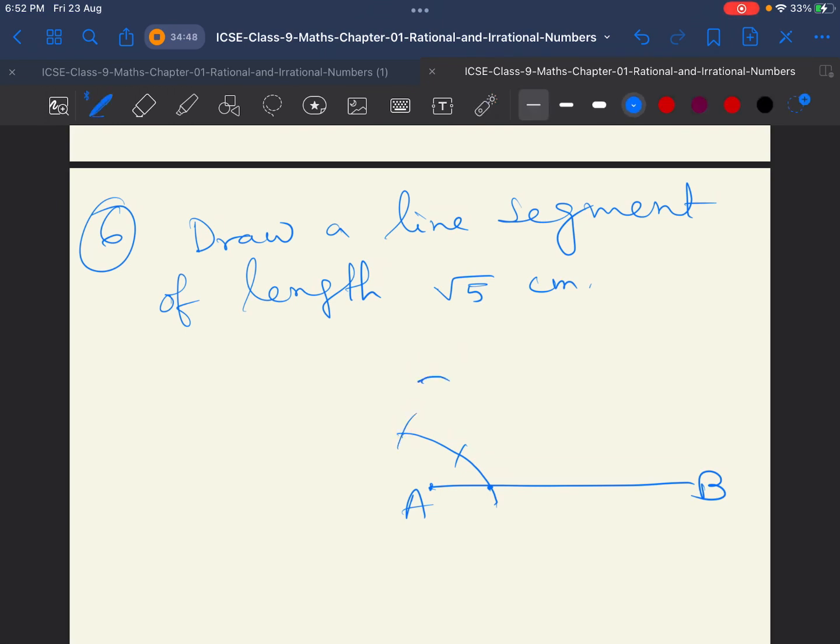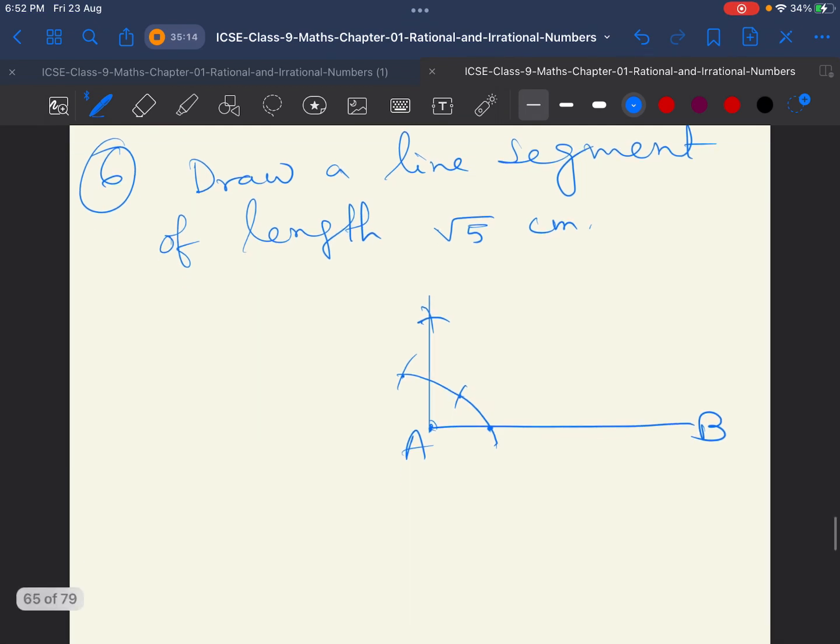Okay, so from here we draw this line. Now we draw a perpendicular line. So this is a 90-degree angle. This angle is 90 degrees.